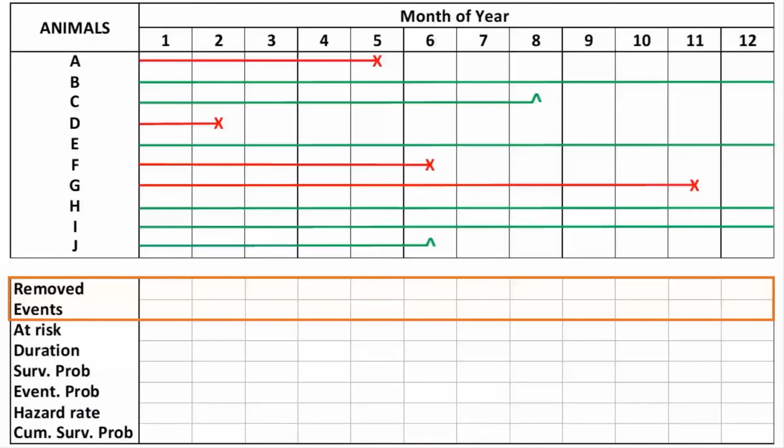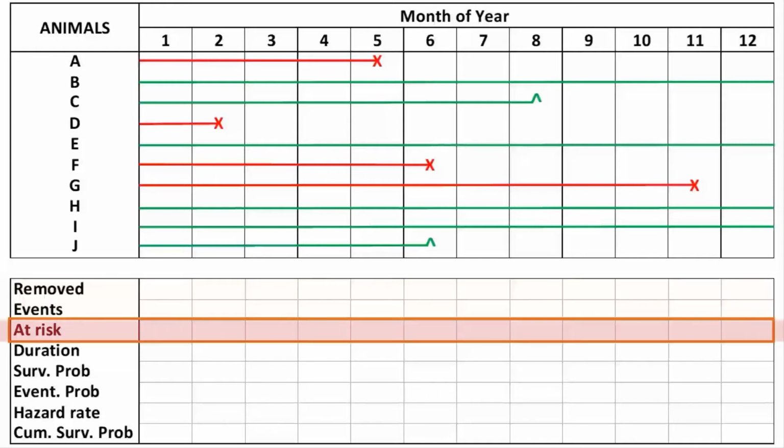Let's check the rows: events and removed represent the animals which died or were withdrawn respectively. So the events are the animals which died from anthrax, while the removed are the animals which were removed from the study for different reasons.